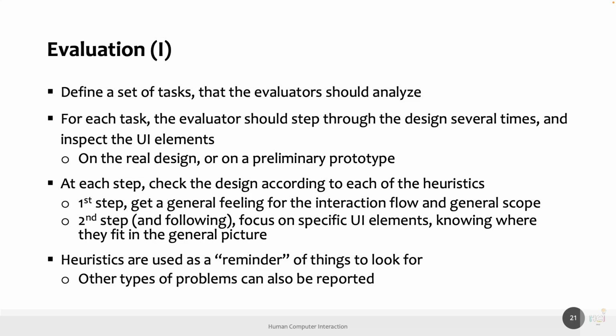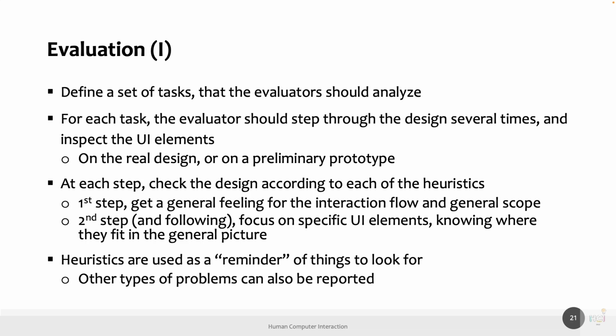Of course, before asking experts to try your system, you should define a set of tasks, and you already defined the tasks in assignment 2. So the evaluator can use these tasks to try your system, your interface, and find usability problems. For each task, the evaluator typically performs the task multiple times.